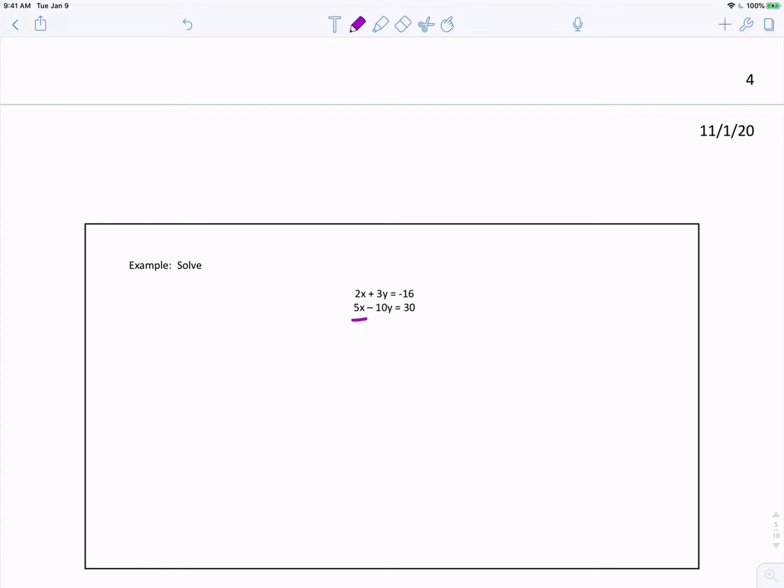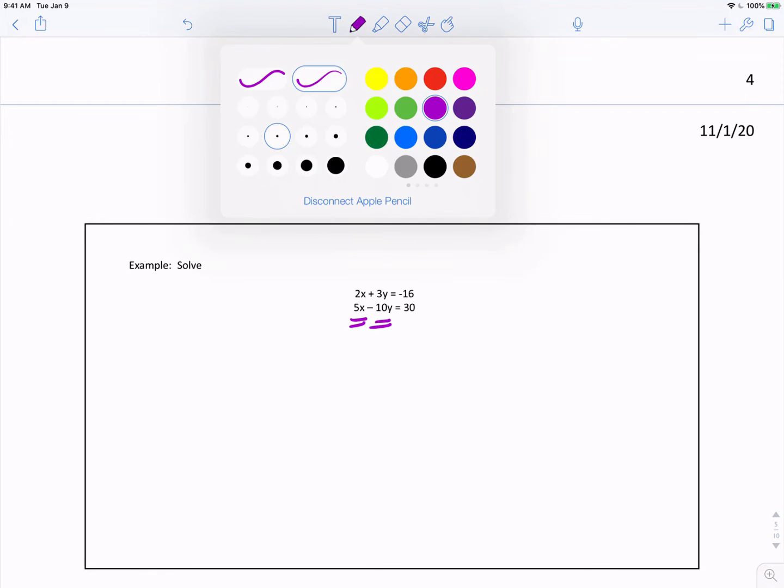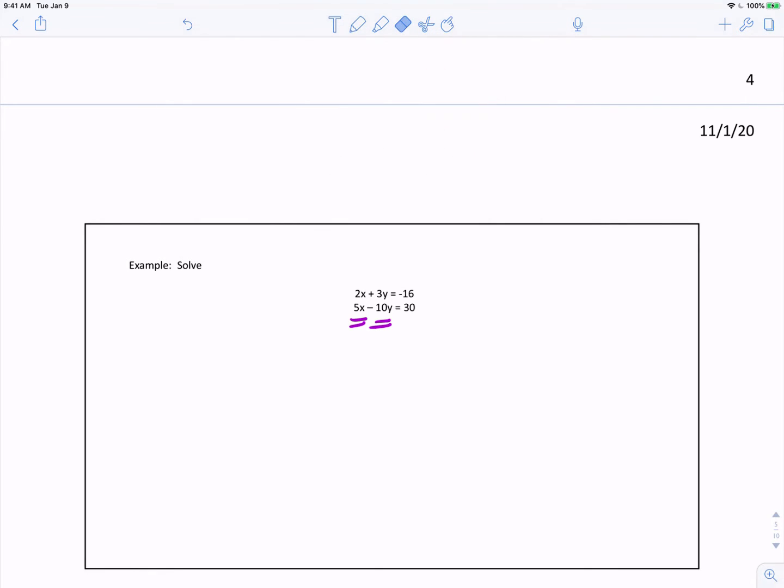If you line up the x's, you might be choosing to make a 10 and a negative 10. If you're lining up the y's, you'll probably be getting a 30 and a negative 30. So I think I'll line up the y's. I'm going to go for 30. On the bottom, I'm going to multiply by 3, giving a negative 30. And then on top, I'm going to multiply by 10, giving a positive 30.